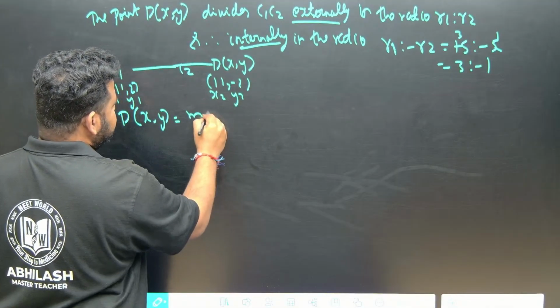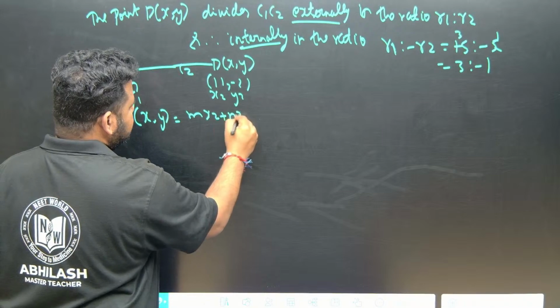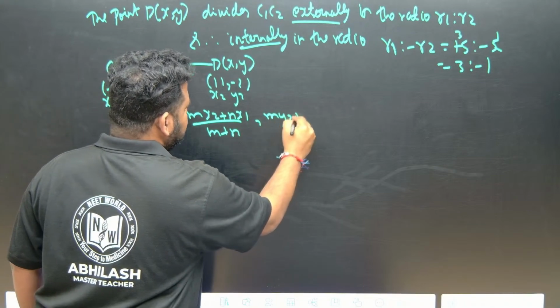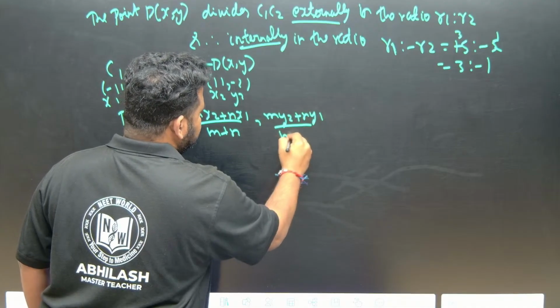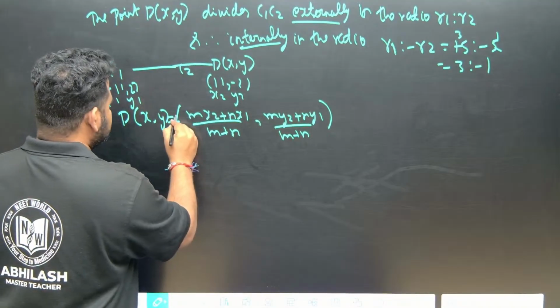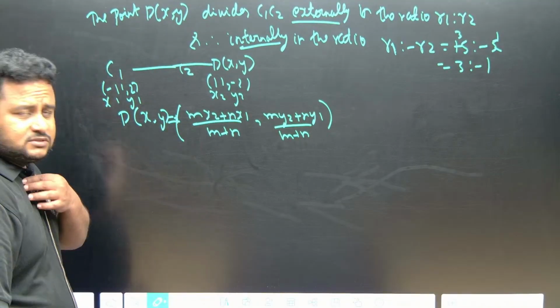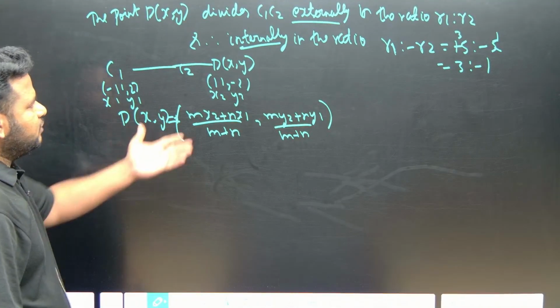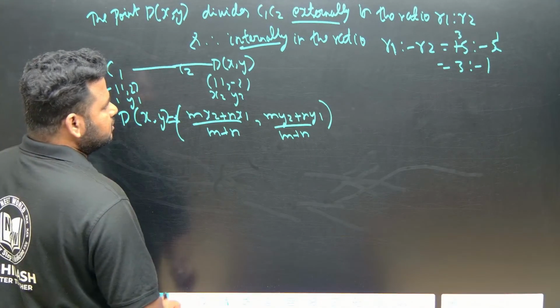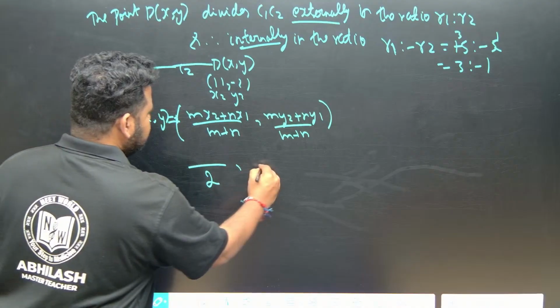So this is (mx2 plus nx1) by (m plus n), and (my2 plus ny1) by (m plus n). Here m is 3 and n is minus 1, so 3 minus 1 is 2. The denominator will be 2 in both places.